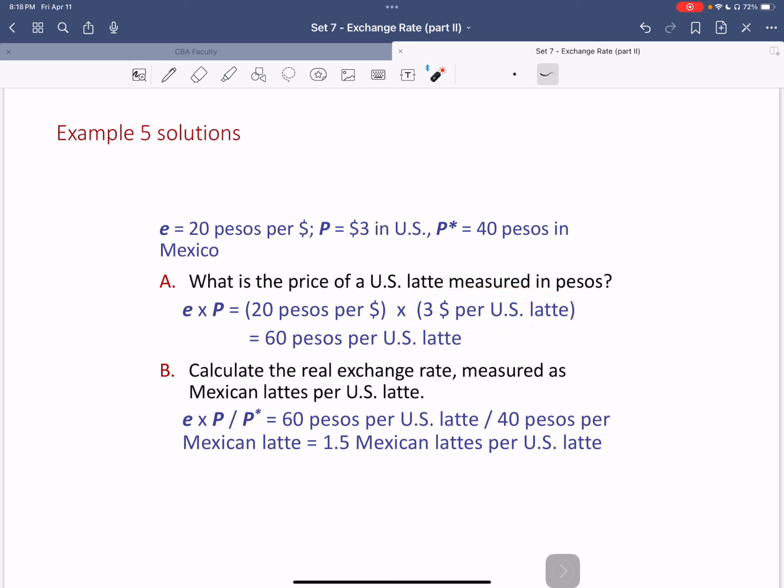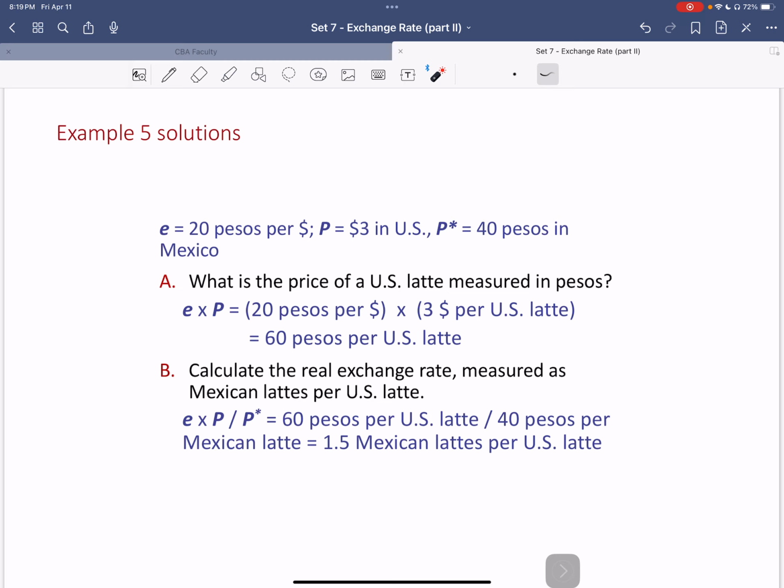$3 per US latte. So if I want to calculate this in terms of pesos, I just need to convert this number using the nominal exchange rate. All right. So the 60 pesos per US latte says that each latte in the US is $3.